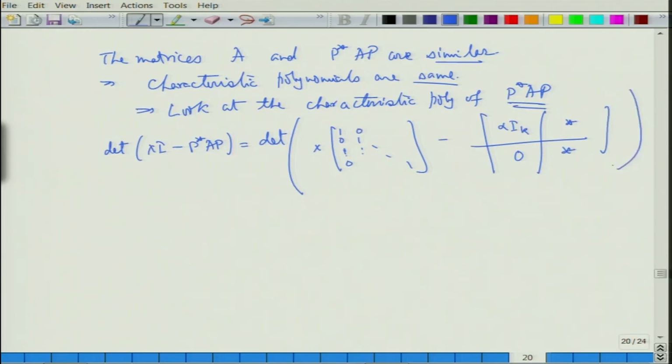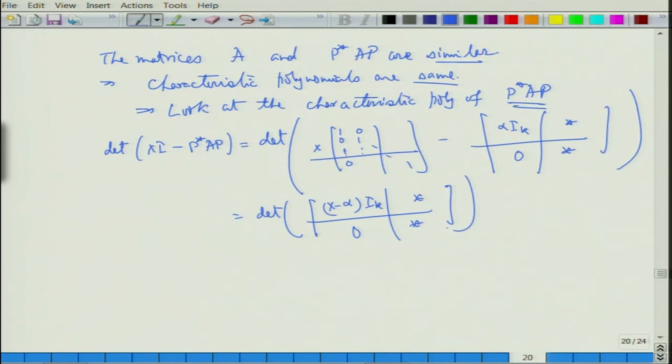This is what I had. So I can break it up like this: I will get x minus alpha times I k, something here, 0 here and something here. Since there is a 0 matrix here, the determinant of this is the determinant of this part into the determinant of this part. If I write this part as B, then I will get x minus alpha to the power k into the determinant of B. Is that okay?